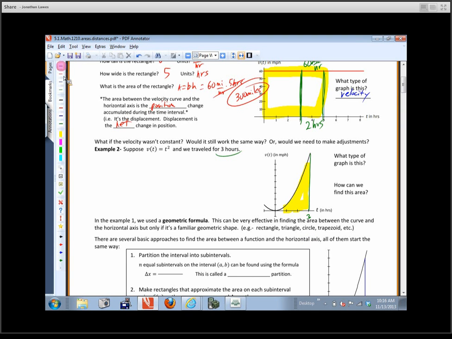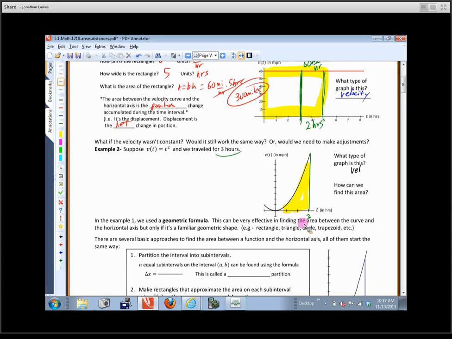So again, it's a good idea to think about what type of graph this is. This is a velocity graph. And the real question is, if that's a velocity graph, and I found the distance that I traveled by figuring out the area underneath this curve, a really easy geometric shape, how would I figure out the area underneath this curve when it's a much more complex geometric shape?